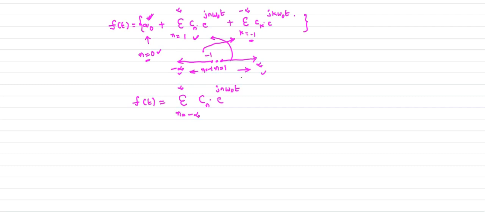I can club all these three expressions into a single expression, because the first factor corresponds to n equal to 0, the second factor corresponds to n equal to 1 to infinity, and the third factor corresponds to n equal to minus 1 to minus infinity. So I can write it in a single summation form, which is sigma n equal to minus infinity to plus infinity, cn e power jn omega naught t.